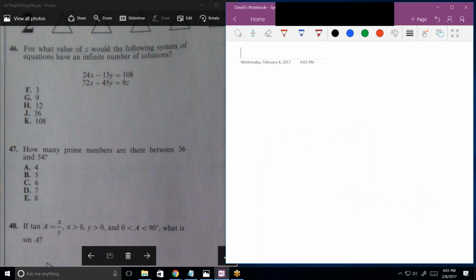For what value of z would the following equations have an infinite number of solutions? Well, let's talk about this a little more in detail. How many solutions does that have? 5 plus 2, 5 plus 5, 4, 10.